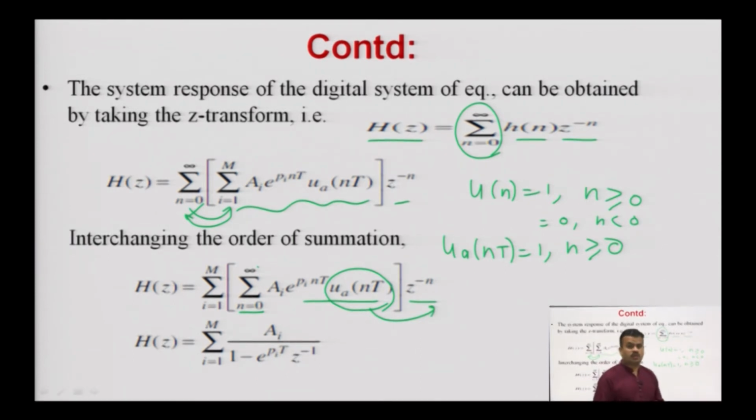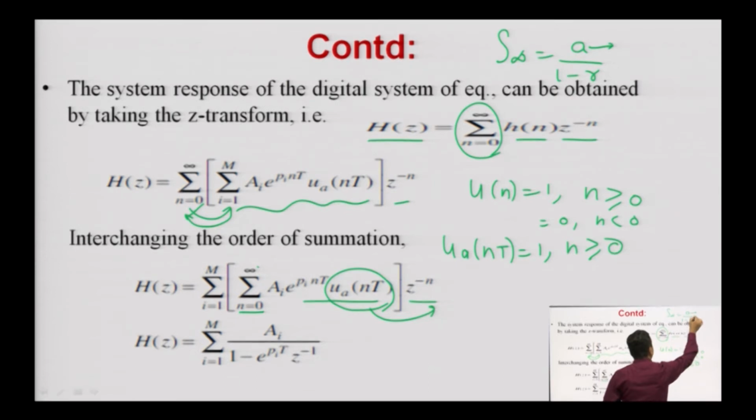GP means geometric progression, and that GP series will go from 0 to infinity. If any GP goes from 0 to infinity, then its summation formula is S infinity is equal to a upon 1 minus r.